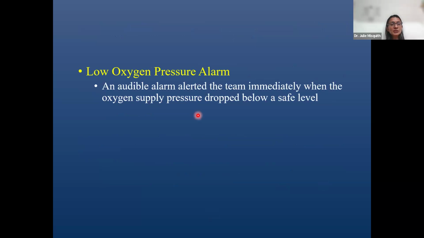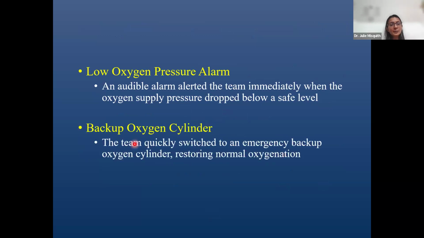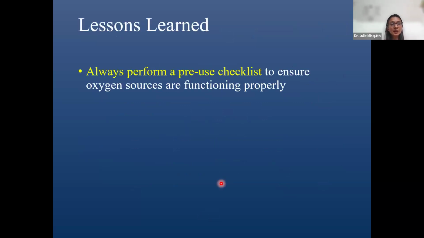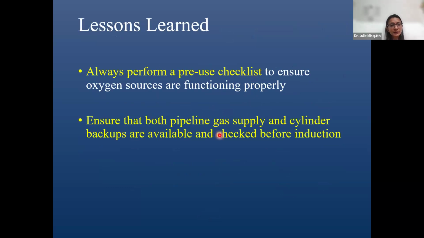The low oxygen pressure alarm: an audible alarm alerted the team immediately when the oxygen supply pressure dropped below a safe level. And backup oxygen cylinder: the team quickly may have identified and switched to an emergency backup oxygen cylinder, restoring normal oxygenation. So the lesson learned here is to always perform a pre-use checklist to ensure oxygen sources are functioning properly.